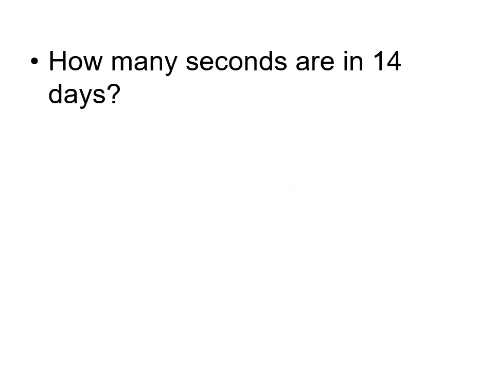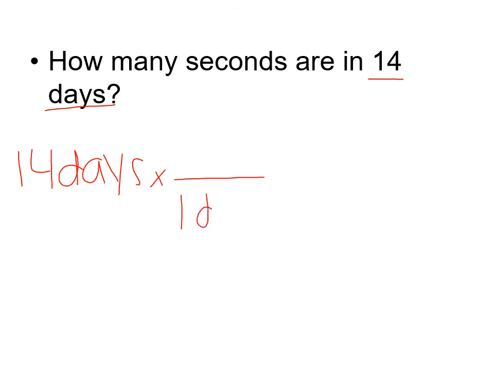And then we're going to do one more. So how many seconds are in 14 days? So let's think about what we know about a day. Let's start it up. 14 days. Well, I know one day has 24 hours. So that will get rid of my day unit.